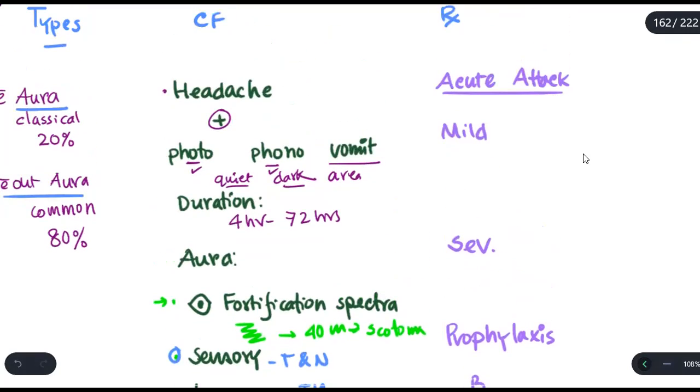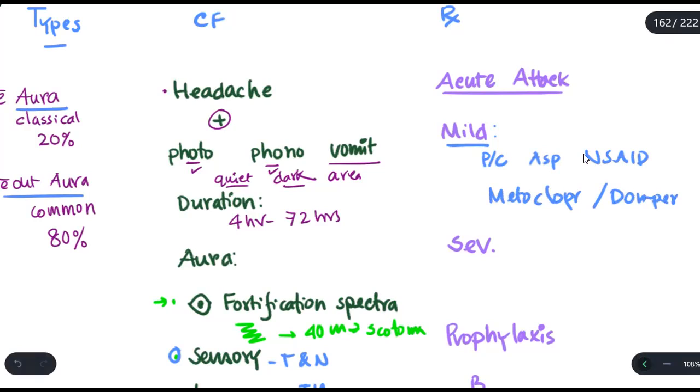Now, how to treat a patient with migraine headache? In a mild migraine attack, we can use the common analgesics such as paracetamol, aspirin, or other NSAIDs. And if the patient vomits, then we have to use antiemetics such as metoclopramide or domperidone.